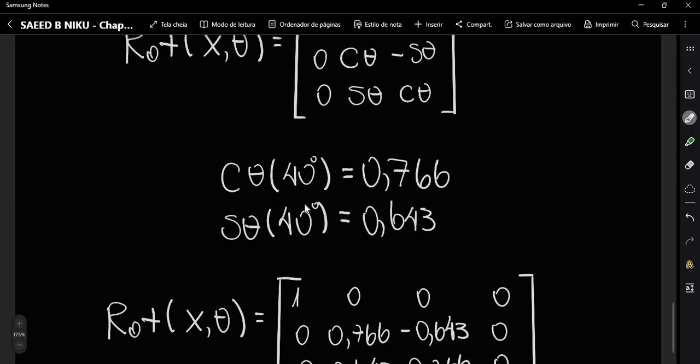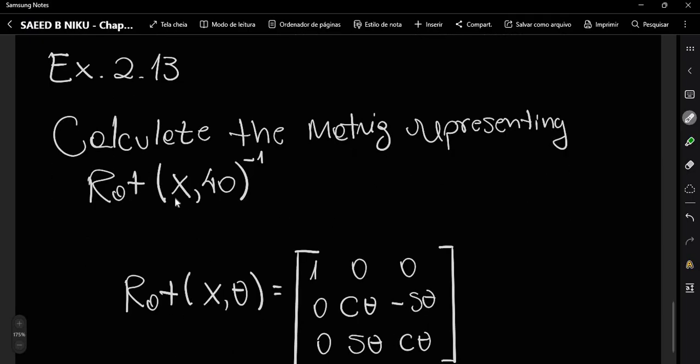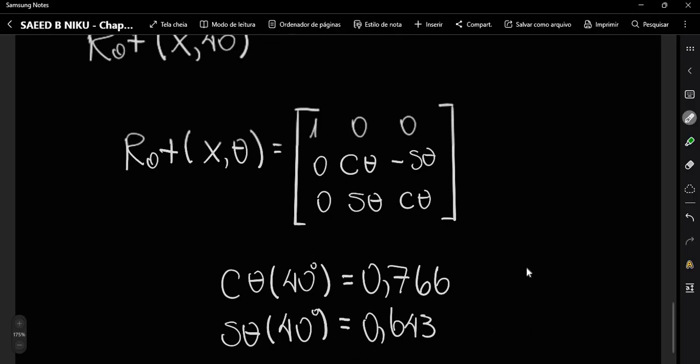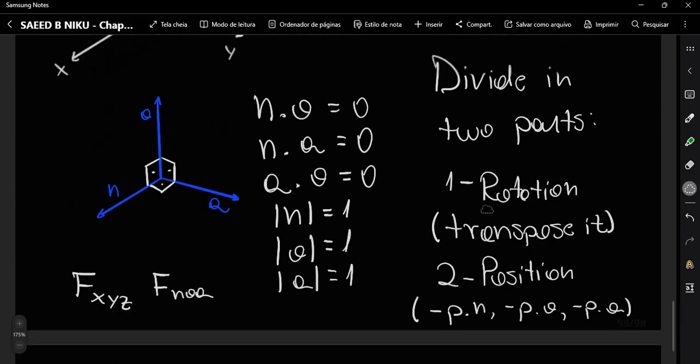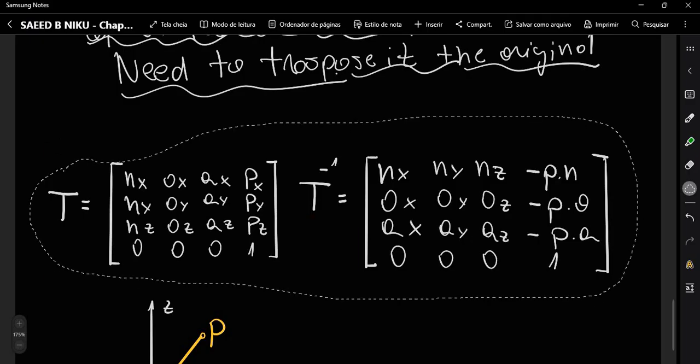Now, to calculate the matrix representing the inverse of the rotation matrix around the axis x with 40 degrees, we just need to swap the lines by the columns. Let me drag this, copy this, and paste below.